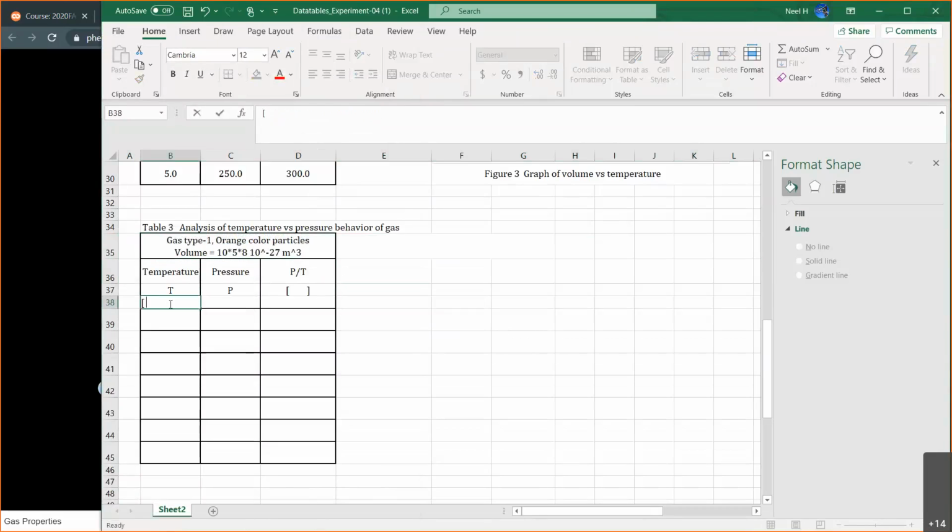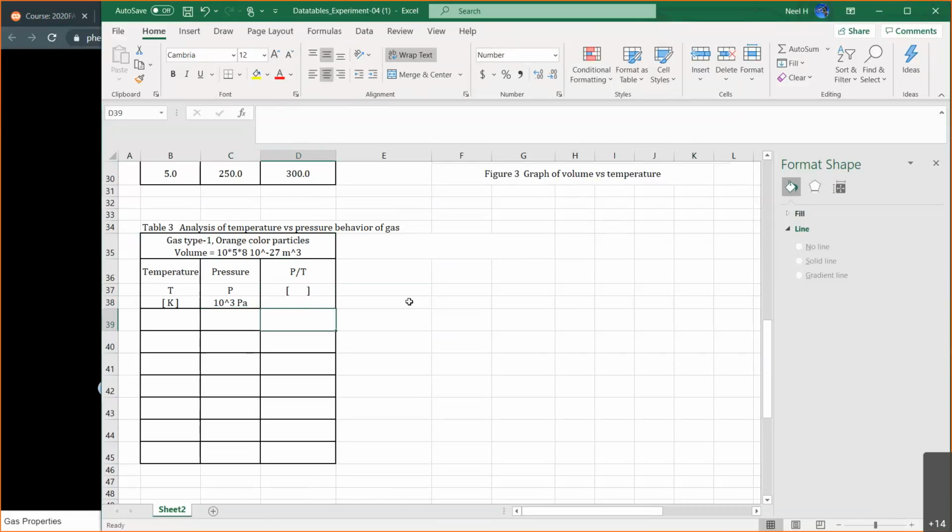Temperature we are measuring in Kelvin, and pressure we are measuring in 10 to the power 3 Pascal, and we're going to look at the P over T ratio, because if it behaves as it's supposed to, P over T should show us a constant ratio. So that's the plan, okay? It might not be in the numbers, but that's okay.